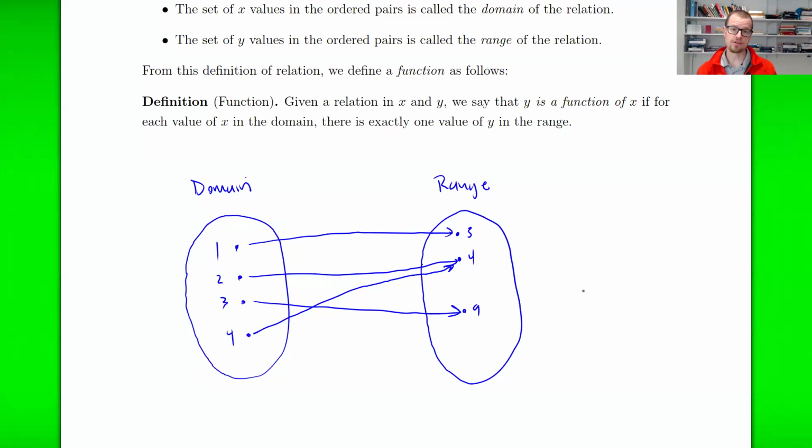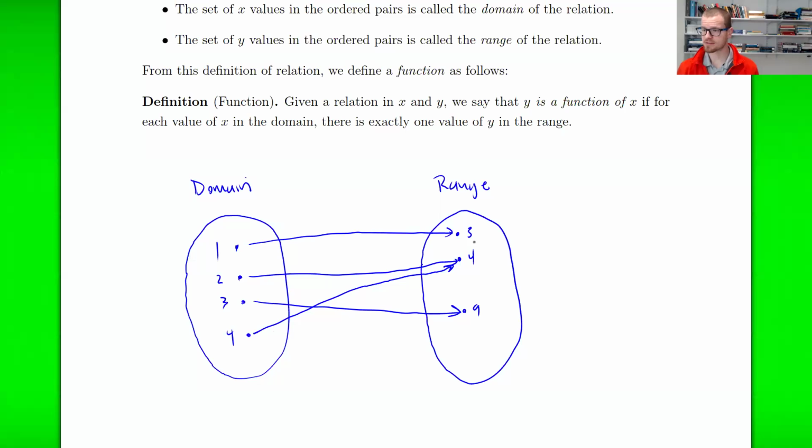Yes, this also represents a function. The fact that we are pointing to 4 twice is not a problem at all. The only thing that we're concerned about is how many things do the elements of the domain point to. 1 only points to 3, 2 only points to 4, 3 only points to 9, 4 only points to 4. So there's no worries because from each element in the domain, there's only one arrow being drawn. They're only pointing to one element.